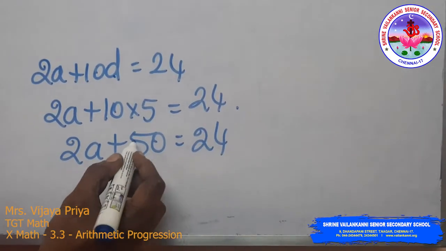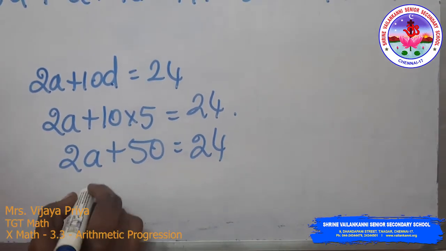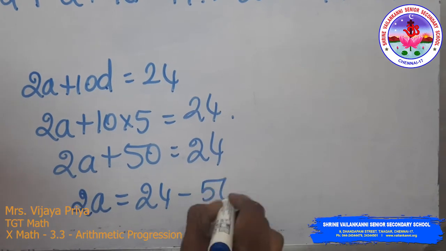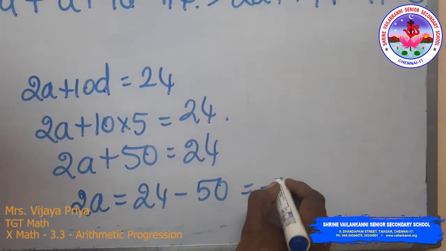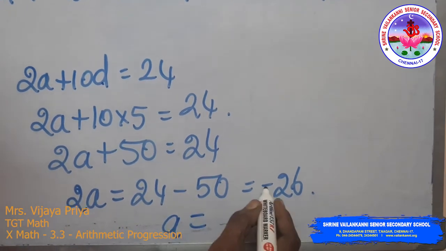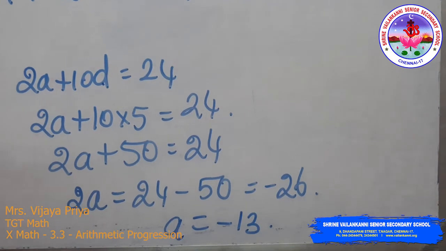So if I take this plus 50 to the other side, it becomes minus 50. So I will get 2A is equal to 24 minus 50, which is equal to minus 26. So my A is equal to minus 26 divided by 2, I will get minus 13.